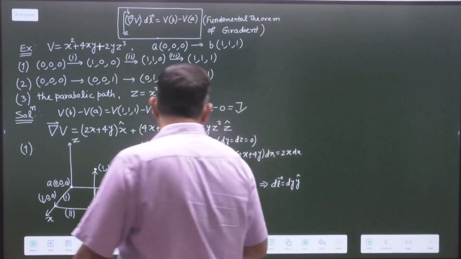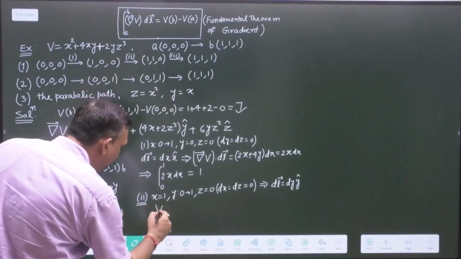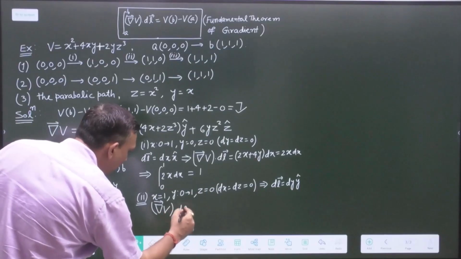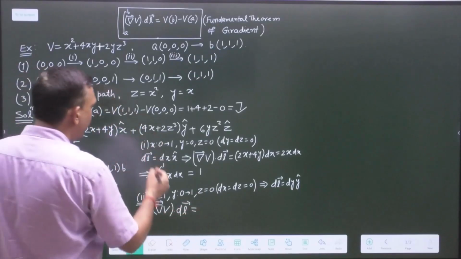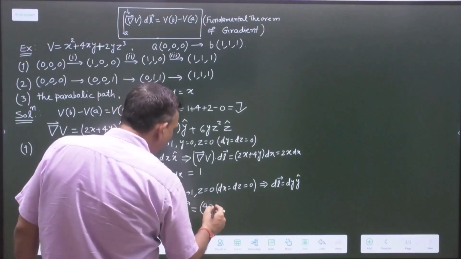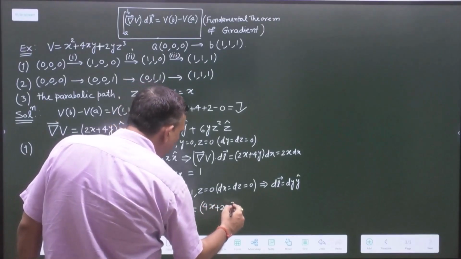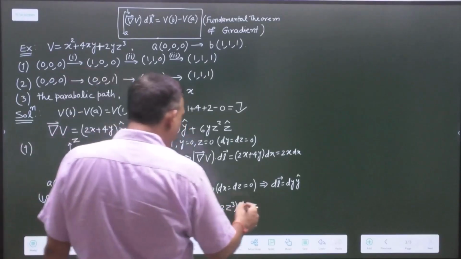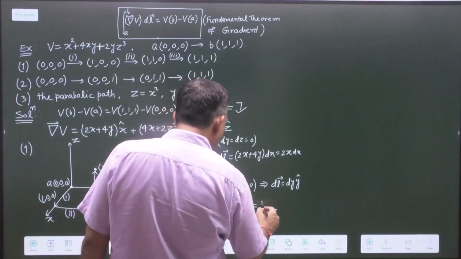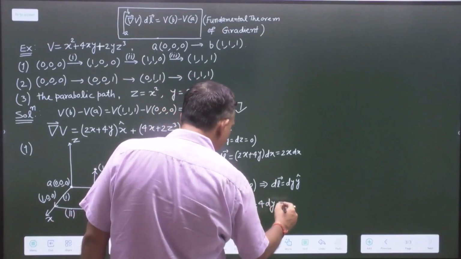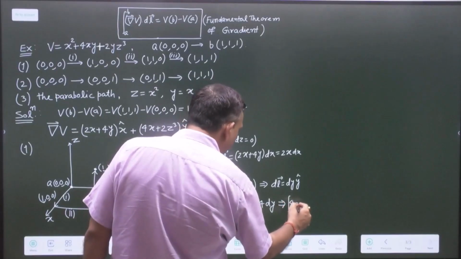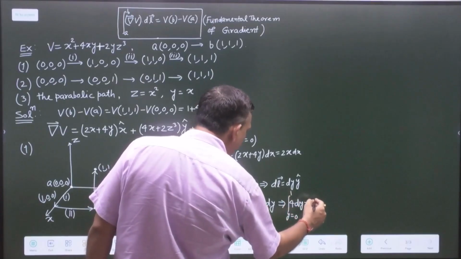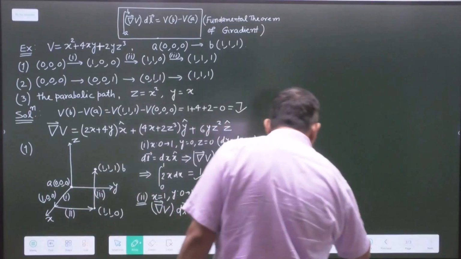Gradient V dot dl is given by (4x plus 2z cubed) dy, and because z is 0 and x is 1, this is 4 dy. So the integral of 4 dy for y from 0 to 1 is 4. So this is 1 and this value is 4.